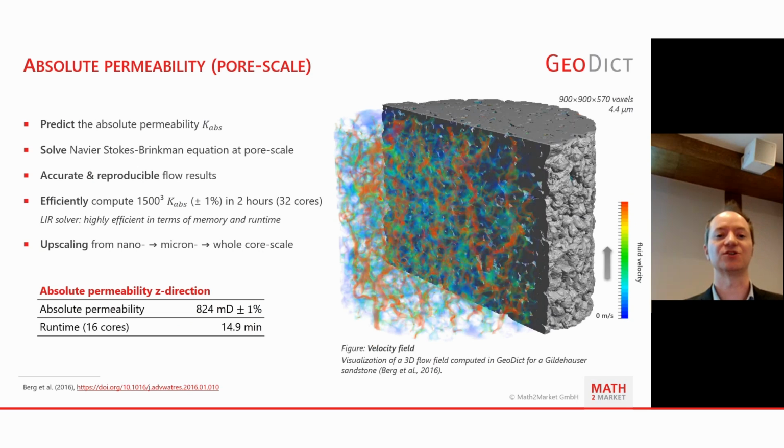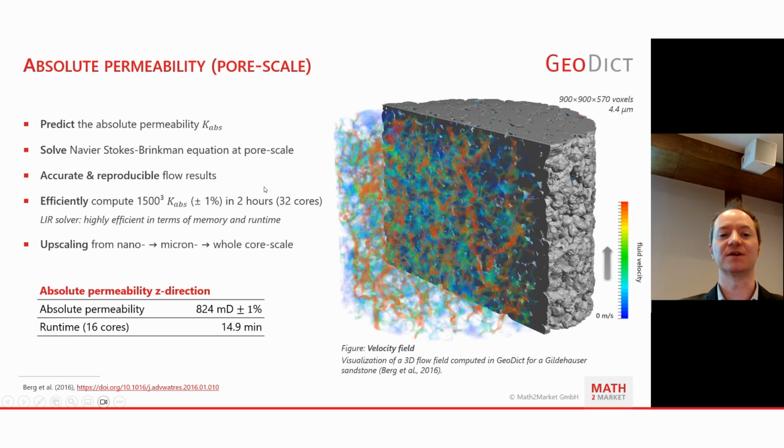And having such a generated structure or an imported structure, you can predict the absolute permeability by solving the Stokes equation or the Stokes-Brinkman or Navier-Stokes-Brinkman equation, any kind of combination, whatever you need. This is accurate and reproducible. It solves towards a given accuracy, so 99% in this case here, for an efficient computation in a 1500 cubic rock.